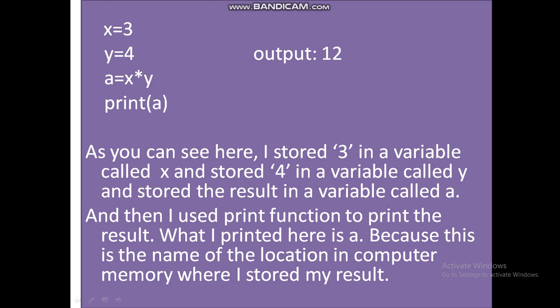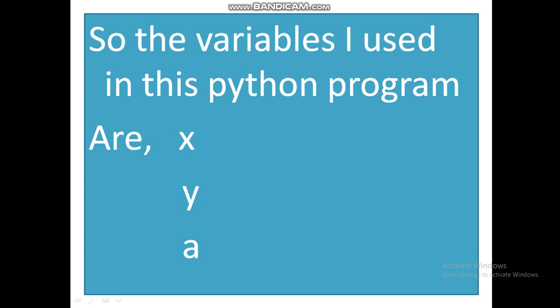And then I used the print function to print the result. What I printed here is a, because this is the name of the location in computer memory where I stored my result. So the variables I used in this Python program are x, y, and a.